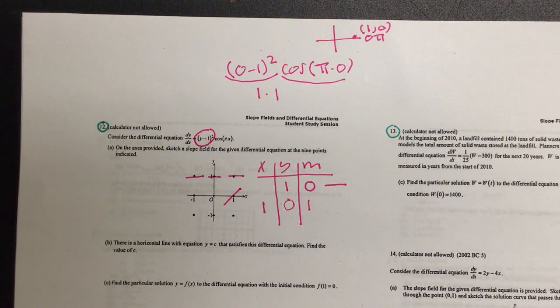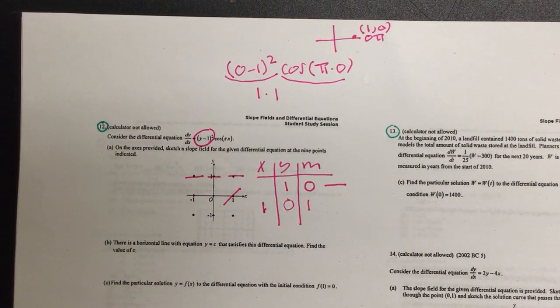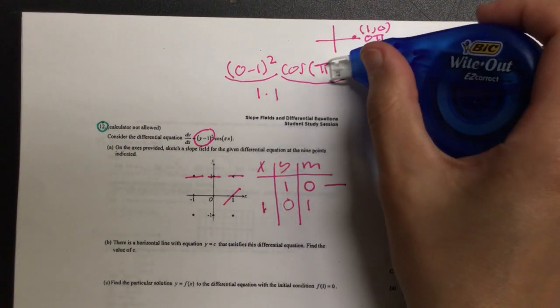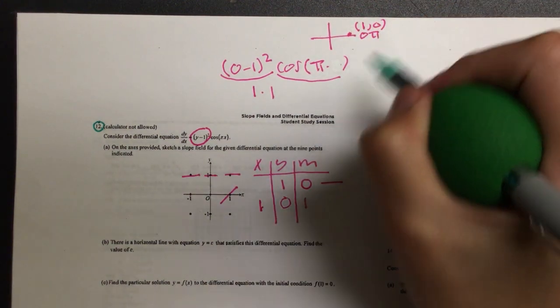Let me double check. Cosine of 0, 1, 0. Oh, I see what happened. What was I supposed to plug in into this one? The x. Wasn't that pi x? So pi x, meaning our x on this one was 1.